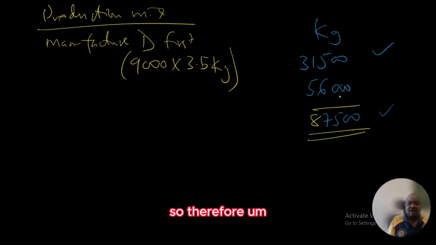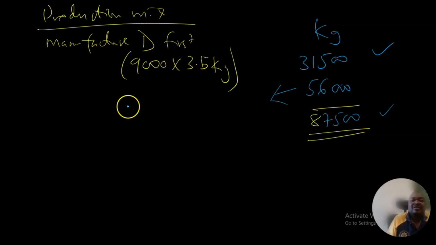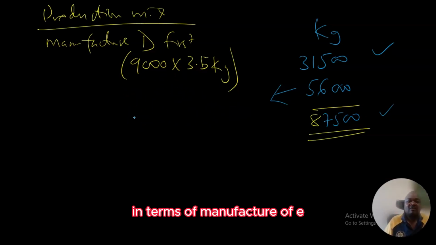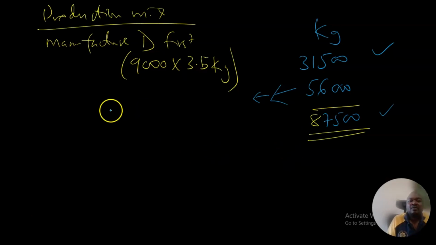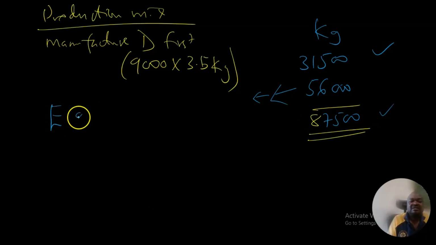So therefore, we then do backward integration, which means the quantities required of B in terms of manufacture of E should be found by going backwards. Okay, so product E quantities.